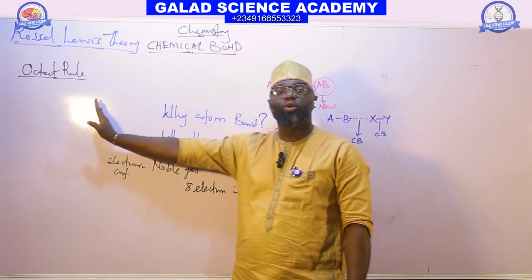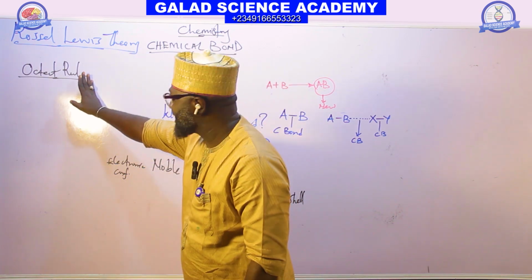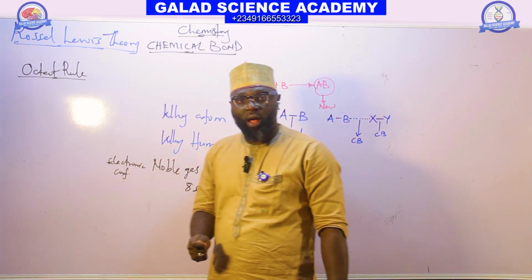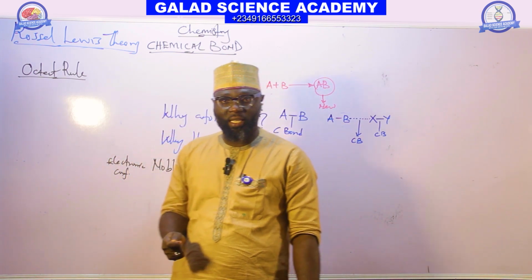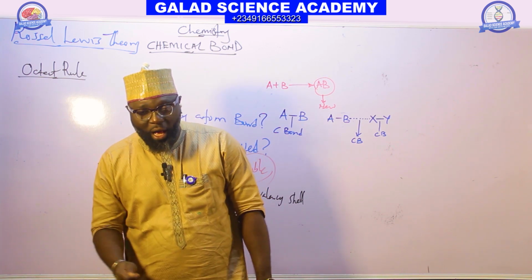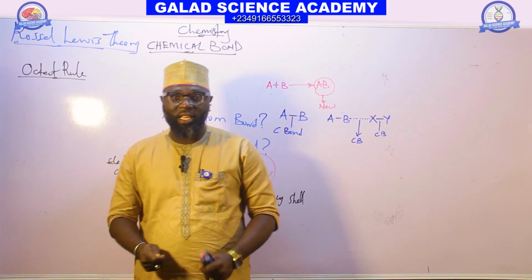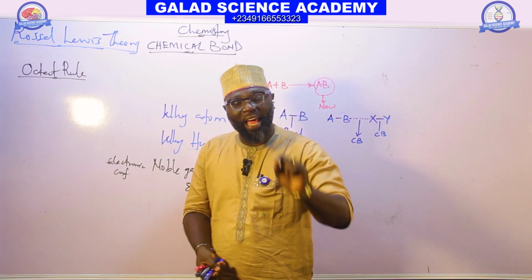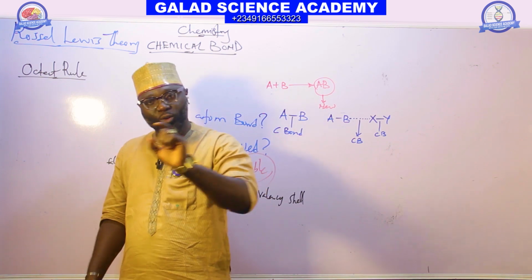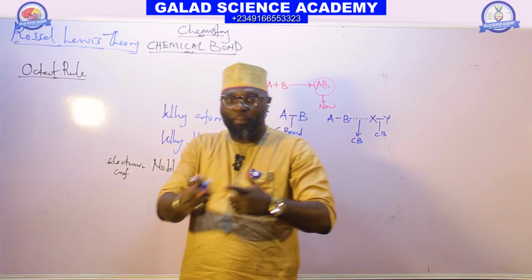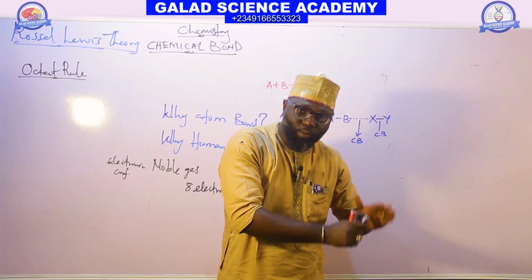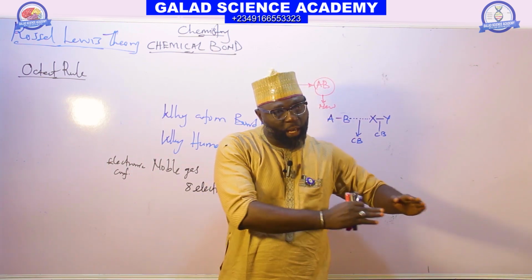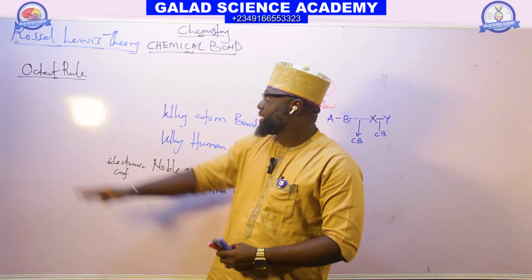The octet rule states that all the elements that participate in bonding will have 8 electrons in the atomic shell after bonding and become stable elements, or become a stable compound.